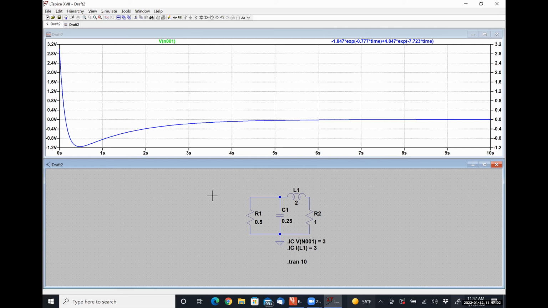And then obviously you could just do DC analyses for what's going on at t is equal to 0 plus by doing a DC analysis of the circuit, where you're representing the capacitors by the voltage you find at t is equal to 0 minus, and the inductors by a current source that you find at t is equal to 0 minus.